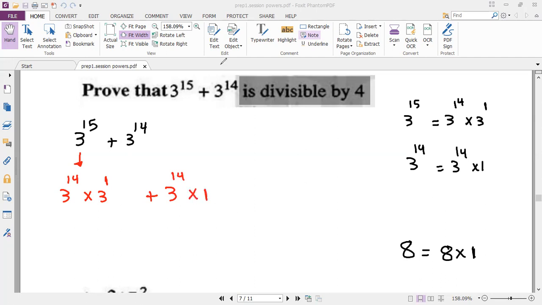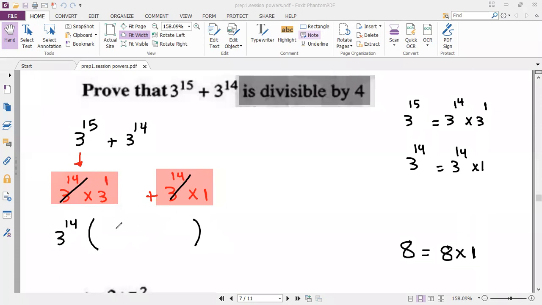Okay, now take a factor. What is the factor here? How many times? We have 2 times here. What is the factor? The factor is 3 to the power of 14. So take 3 to the power of 14 as a factor. Then open brackets.